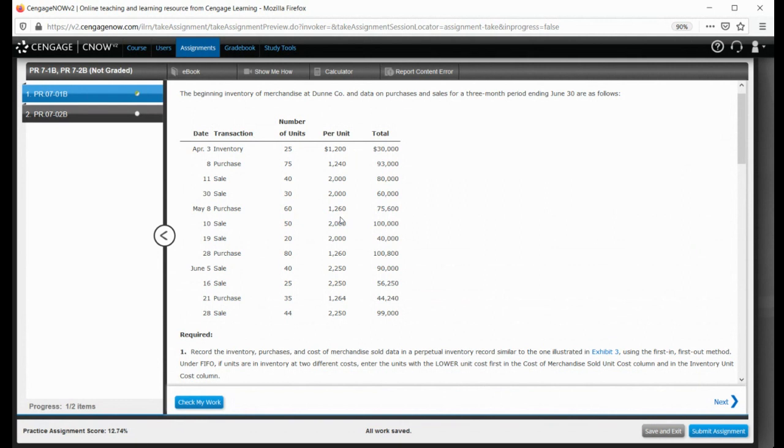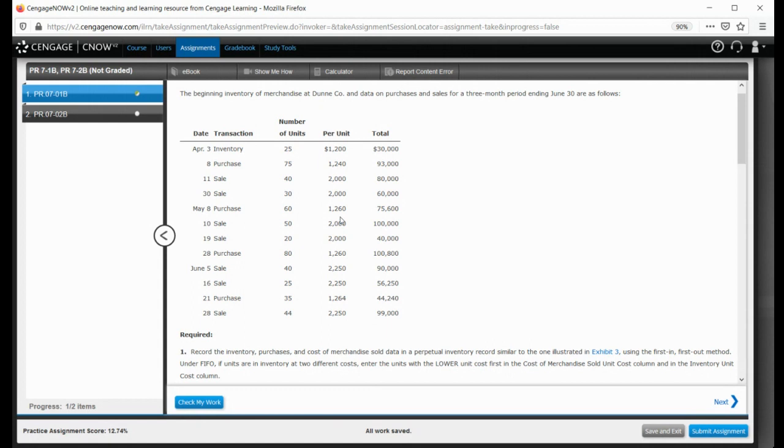Remember, these units that we are looking at are merchandise inventory that is identical in nature. And because our prices are continuously increasing, it makes it a little bit difficult for us to keep a record of exactly what the cost of our merchandise inventory is.